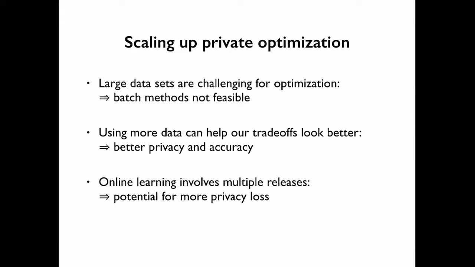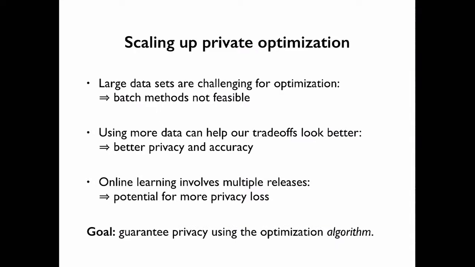The other thing is that the typical methods for large-scale optimization operate in an online way. So this might involve doing multiple releases. If I reveal the insides of what's going on in my optimization methods, I could be losing more privacy over time, because as Kamalika said, privacy erodes over multiple releases.